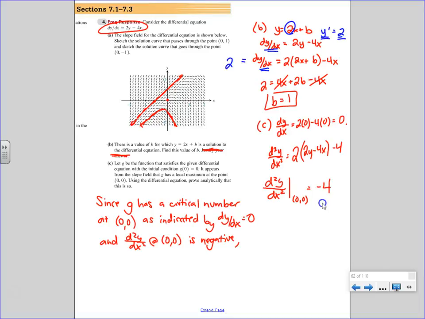Negative indicates that g is concave down. If g is concave down and has a critical number, what must that relative extrema be?